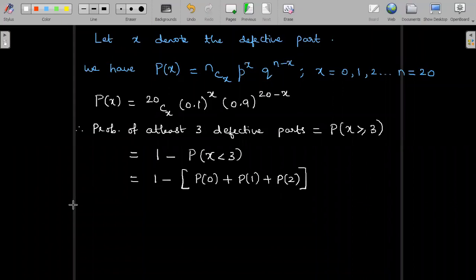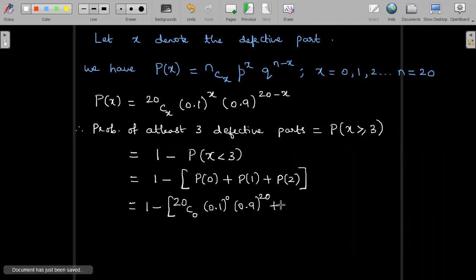So let us substitute all the values. This gives us 1 minus P of 0. We put x equal to 0. This gives 20C0, 0.1 power 0, and then 0.9 power 20 minus 0, which is just 20.